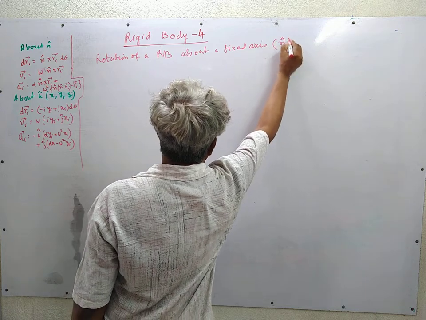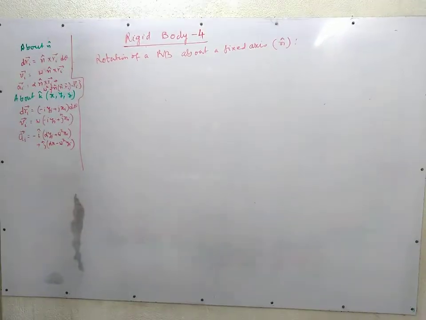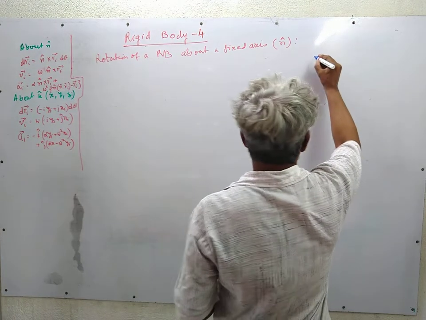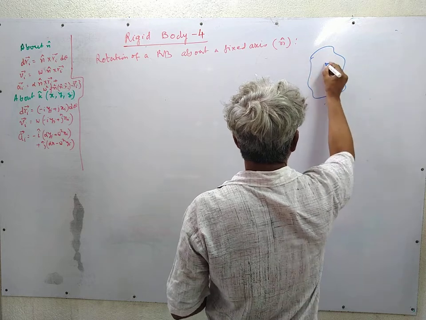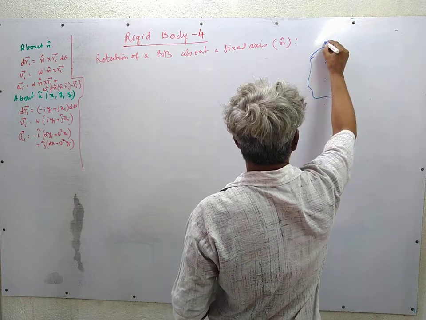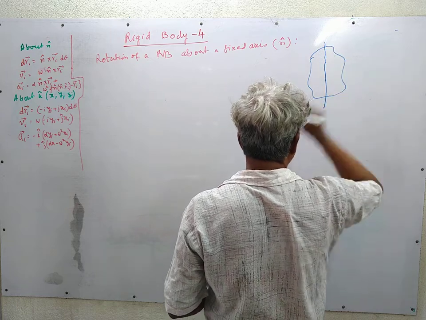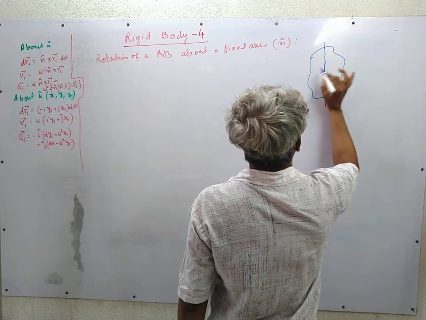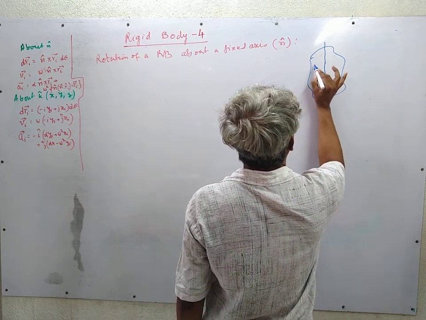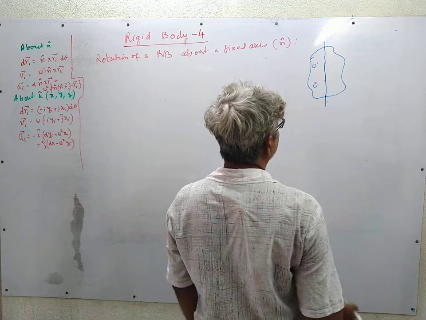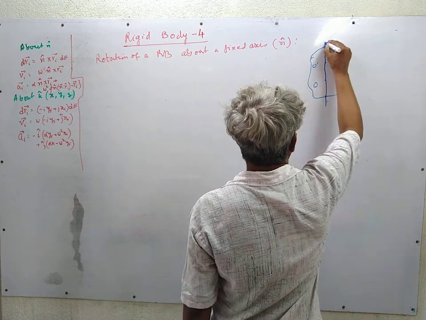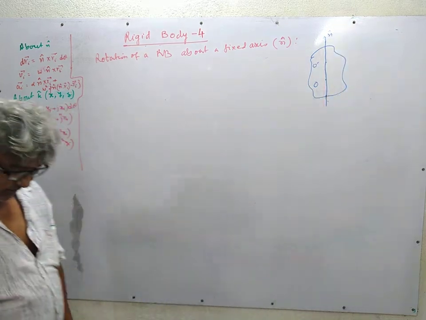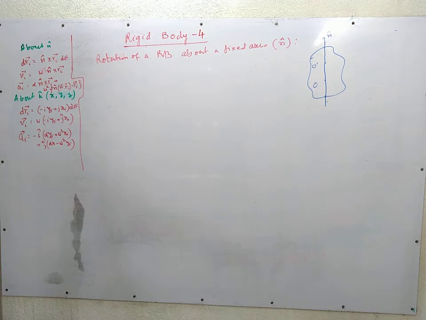The direction of the axis of rotation is characterized by n cap. Consider a rigid body, and we have 2 points which are fixed. So we consider an axis or straight line passing through these 2 fixed points, say O and O prime. This direction is called the n cap direction. The direction of the axis is specified by it.